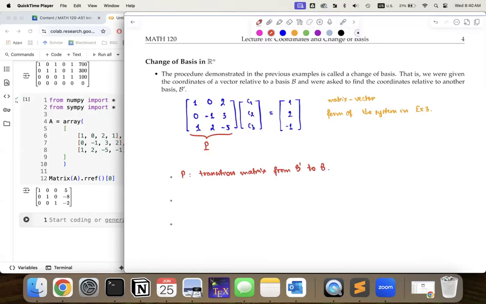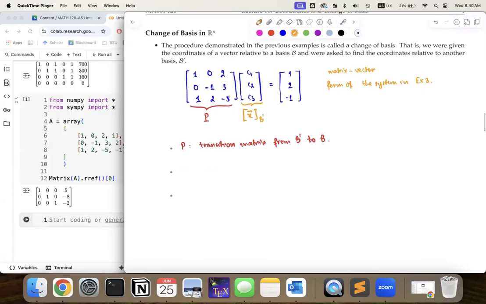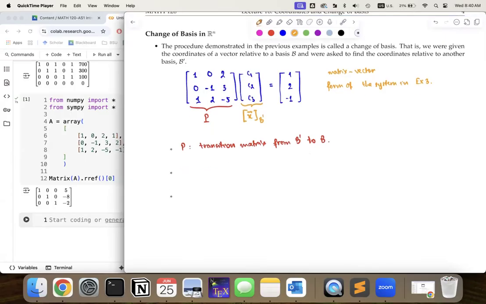All right. By convention, what you see right here for the vector of C1, C2, and C3 is X relative to B prime. So this is the coordinate matrix relative to the basis B prime.